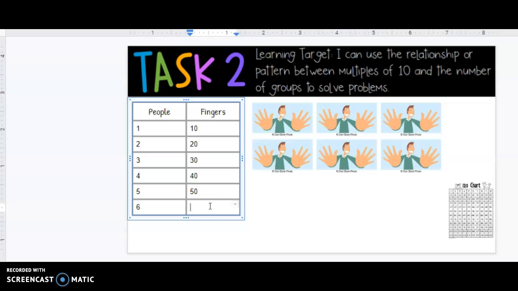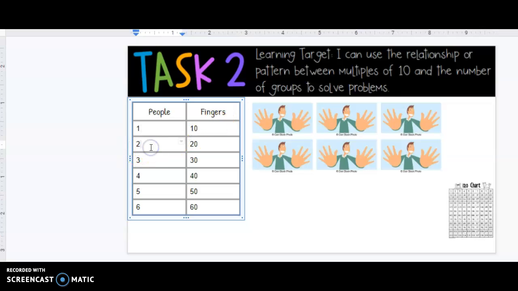Great job if you said 60. Now, I want you to start to notice a pattern or a relationship between these multiples of 10, 20, 30, 40, 50, 60, and how many people there are, how many groups there are. So if there's 1 group, 10 fingers.